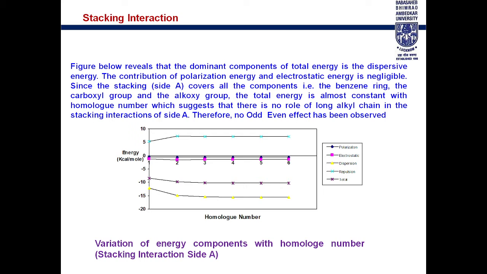Stacking interaction is divided into two parts, side A and side B. For this study, out of two molecules, one molecule is kept fixed and another molecule is allowed to move and rotate or orient itself.